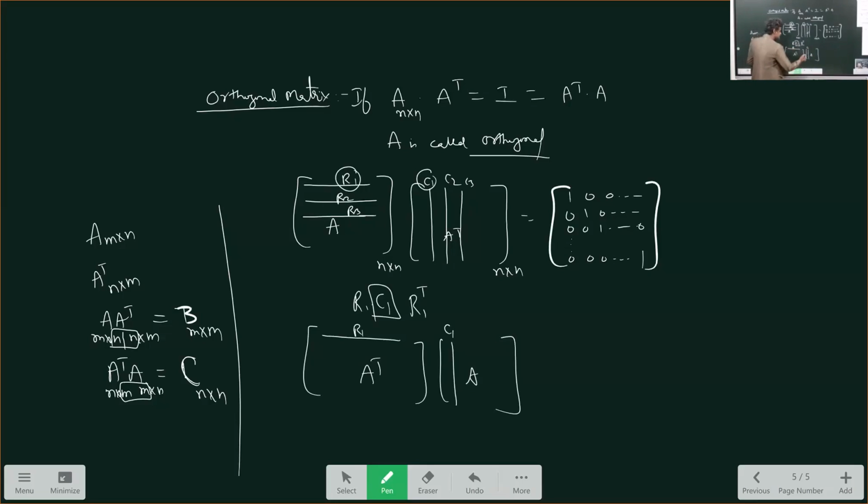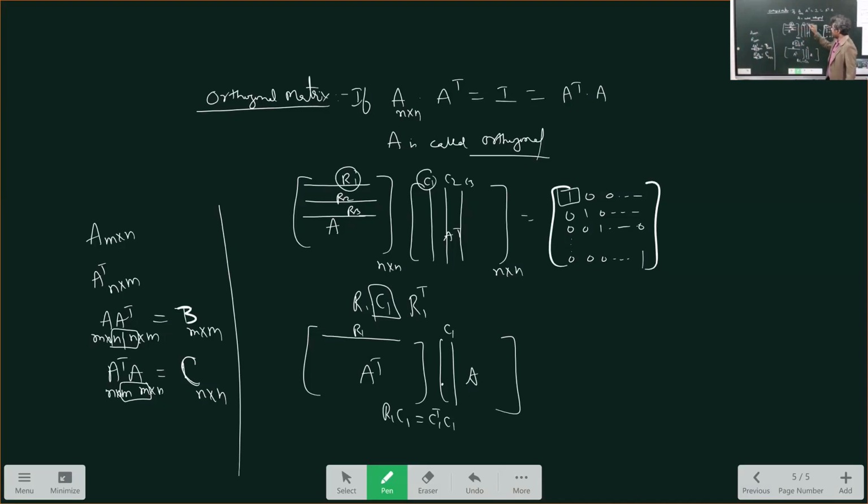This is nothing but the C1 in my A, which is transformed into a row because of the transpose. Now the multiplication R1 into C1 can also be written as C1 transpose C1. Whatever column is there in A is changed into a row, and whatever row is there is changed into a column. Both are the same. That is why, if you multiply a vector with itself, you get 1.